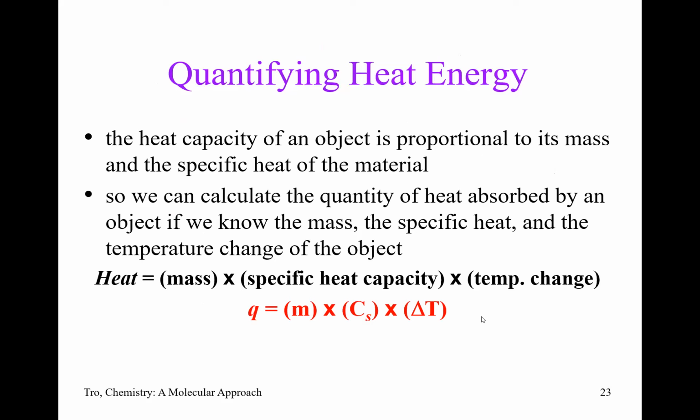All right, so the combination of these gets us to the specific heat equation. Q, remember, is energy, is heat. M is the mass, so how much heat you need depends on how much material you want to heat up. Specific heat is the identity of that thing. Is it water? Is it sand? Is it a metal?